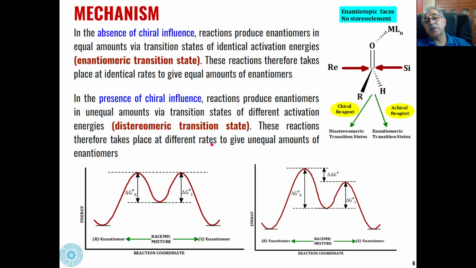Now, as far as the mechanism is concerned, in the presence of an enantiomeric transition state or a diastereomeric transition state, the rate of reaction is different in the two cases.